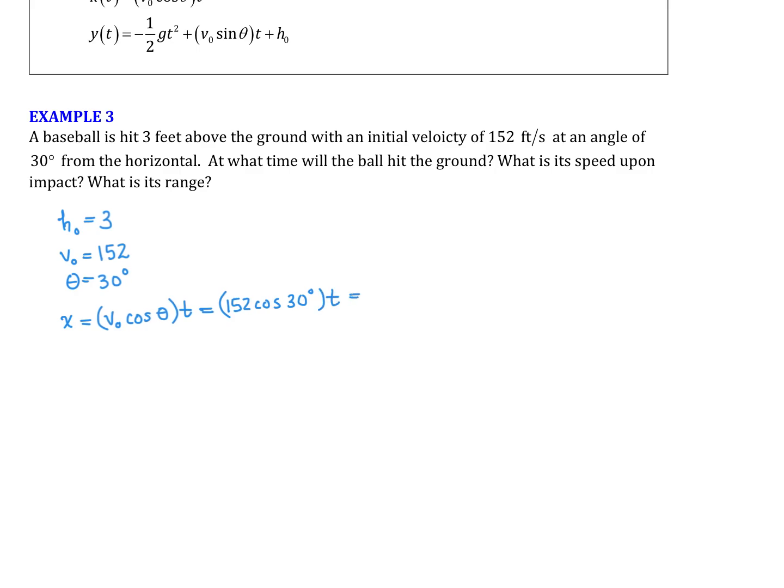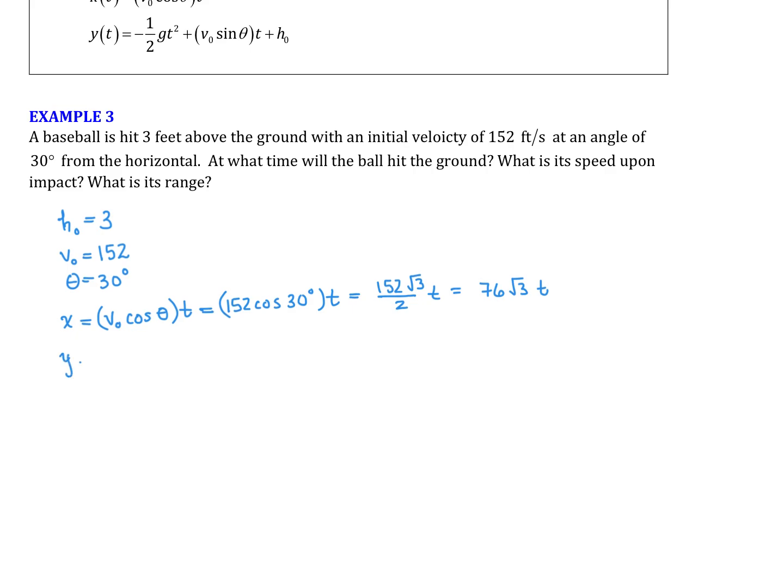So x equals 152 root 3 over 2 t, which means that x equals 76 square roots of 3 times t. Make sure that t is not underneath the square root.